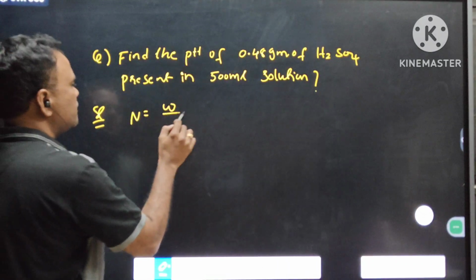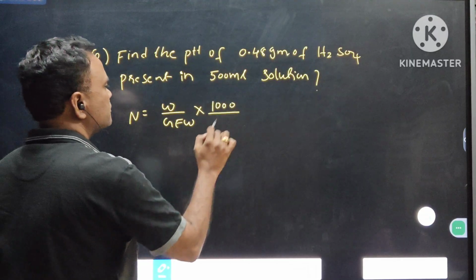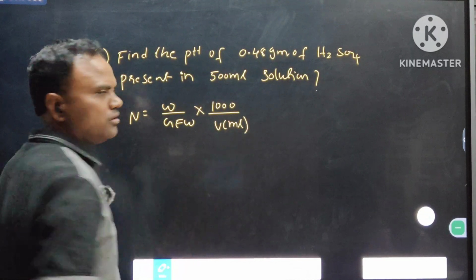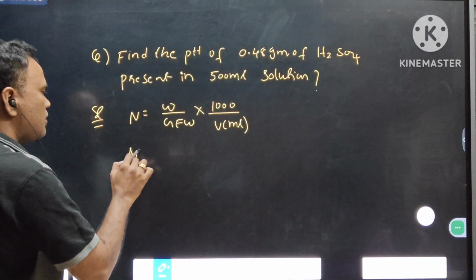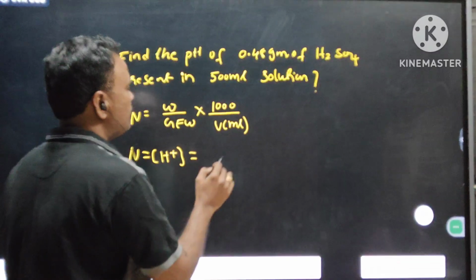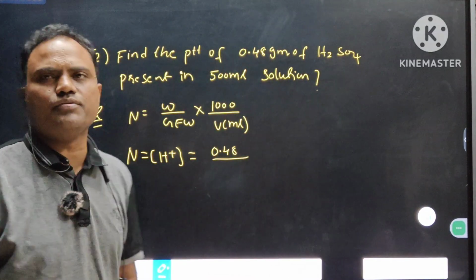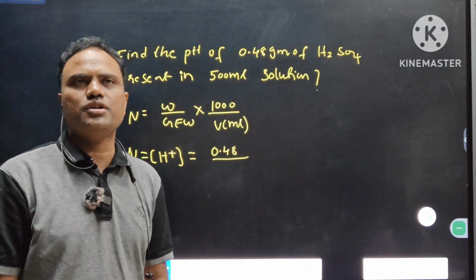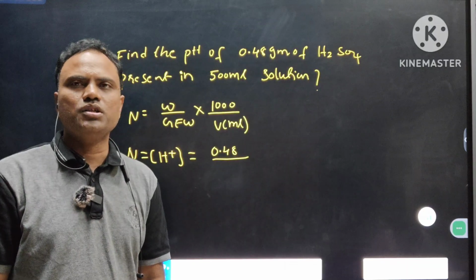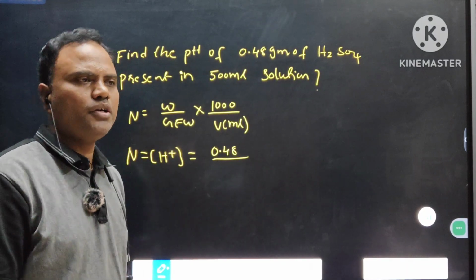Normality is equal to weight by gram equivalent weight into 1000 by volume in ml. Normality is nothing but H plus ion concentration. Weight given is 0.48, divided by the equivalent weight of sulfuric acid. How to find equivalent weight?